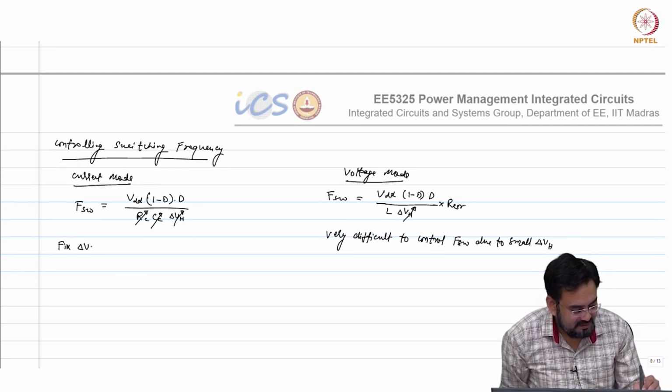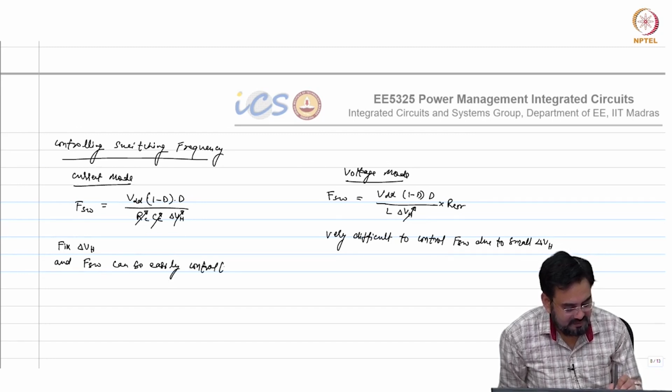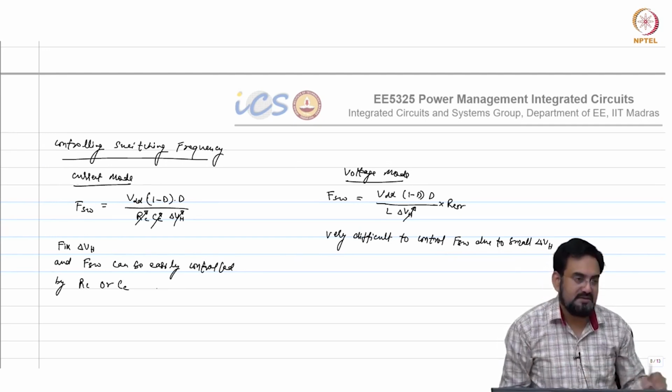Fix delta VH and FSW can be easily controlled by RC or CC.